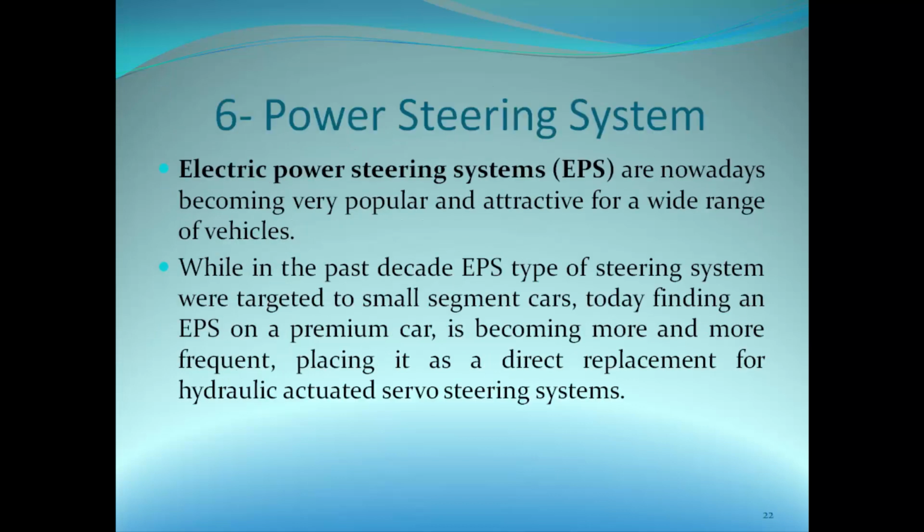Now we are gonna talk about the power steering system. Electric power steering systems are nowadays becoming very popular and attractive for a wide range of vehicles. In the past decade, EPS type steering systems were targeted to small segment cars. Today, finding an EPS on a premium car is becoming more and more frequent, placing it as a direct replacement for hydraulic actuated servo steering systems.